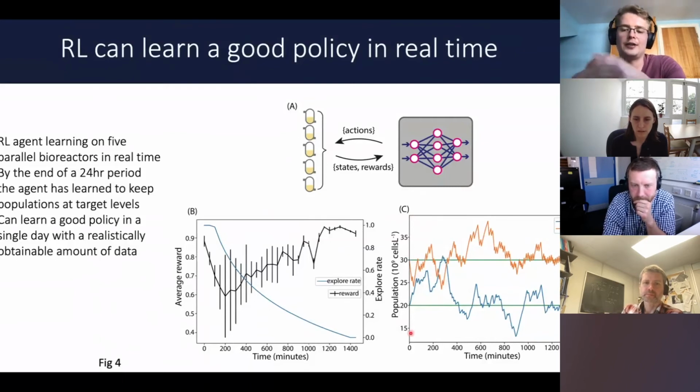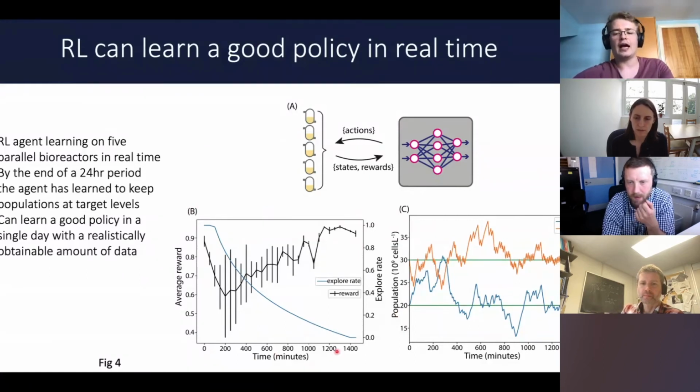This is because the agent is exploring, so we've got the explore rate here over our 24 hours. The populations drift randomly as it undertakes random actions. Then as time goes on, the agent learns, and we get our population levels down to our targets.